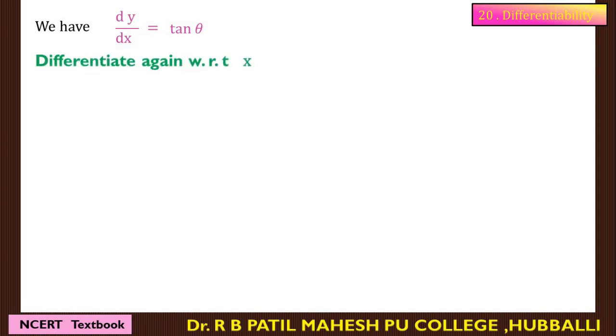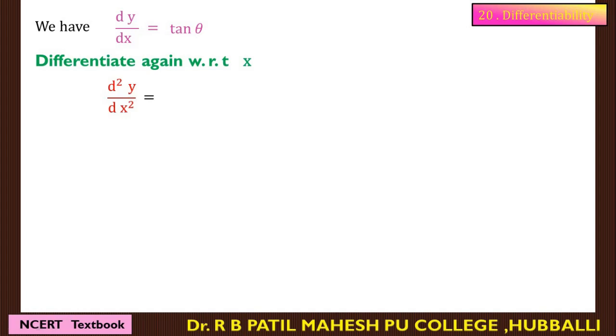Differentiate again with respect to x. So the left side becomes d square y by dx square is equal to, okay, now the right side. See students, we are differentiating with respect to the x variable, but the function is in terms of the theta variable. So here this variable is also a function.